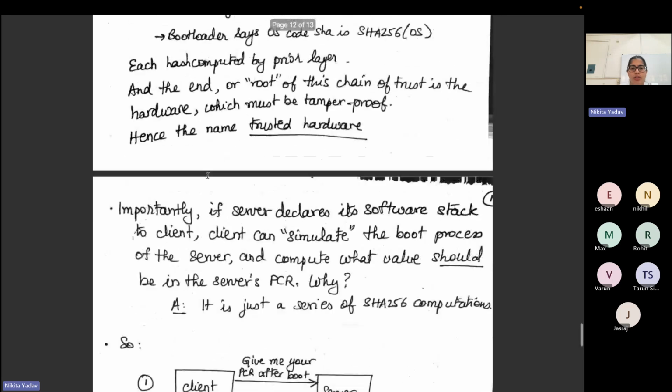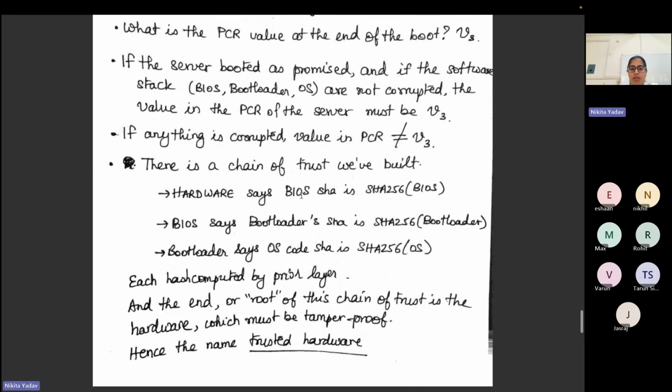Now if the BIOS is not corrupted but the bootloader is corrupted, then it would pass a wrong hash of the bootloader. Then in the second step, V2, which will be computed, will be wrong, and finally the value of PCR would also be different from V3.